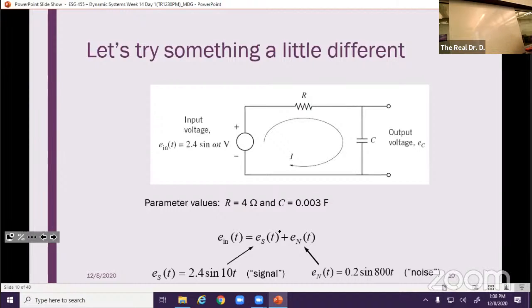So it's low amplitude to begin with, but very high frequency. Typical background noise stuff. Notice our input E in is just the summation of these two things, our signal plus our noise.